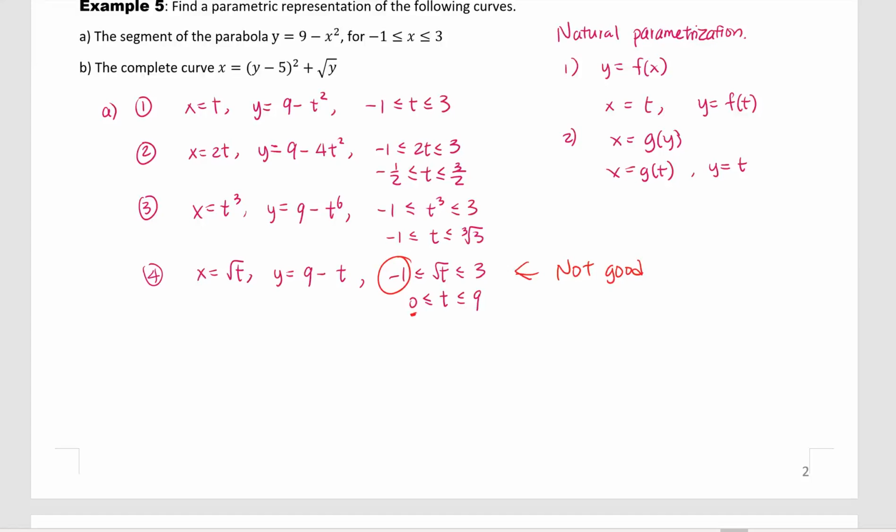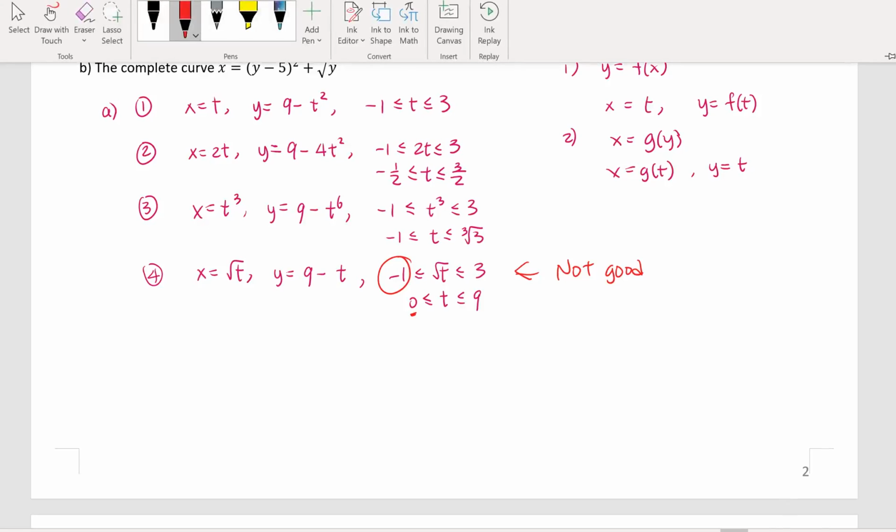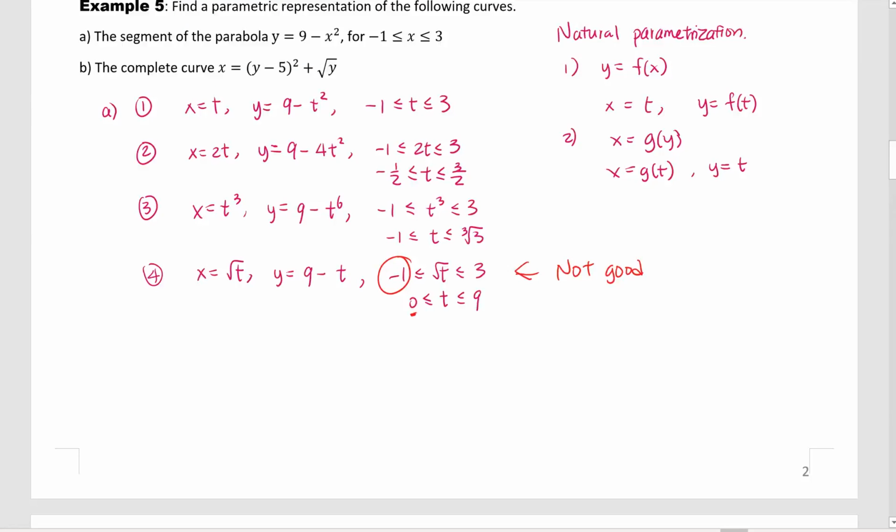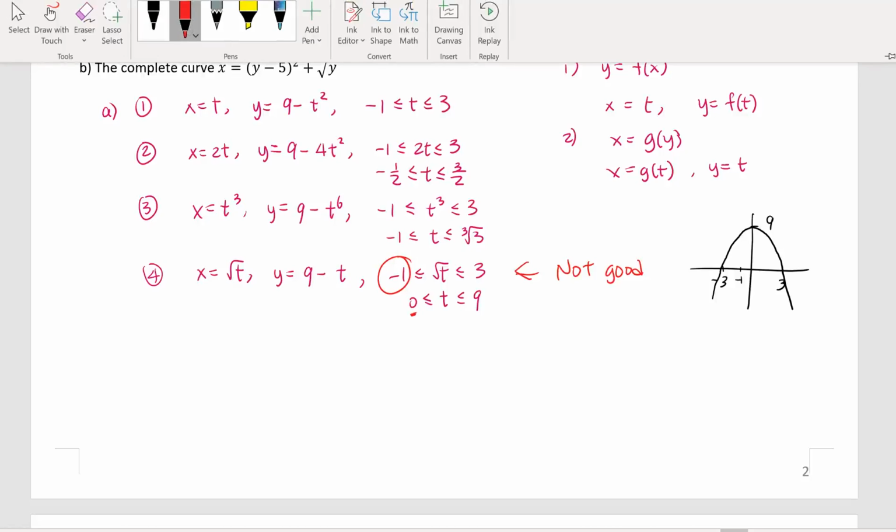If we want to draw the picture to illustrate what happened here: 9 minus x squared, this is 9, and this is 3 and minus 3. 9 minus x squared looks like this. And x is between minus 1 and 3. Minus 1 is here, so we're actually on these pieces.